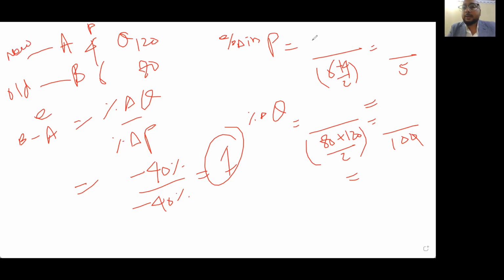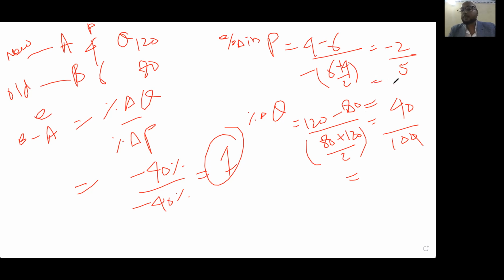So B to A, so 6 minus 4, right? New minus, sorry, 4 minus 6, my bad. New minus old, 4 minus 6, divided by midpoint will be the same, minus 2 by 5. Quantity, new quantity going to be 120, old quantity 80. They're going to be 40 divided by 100.